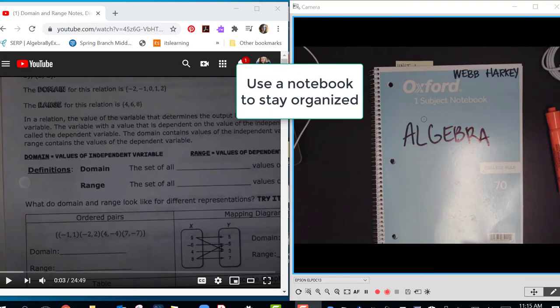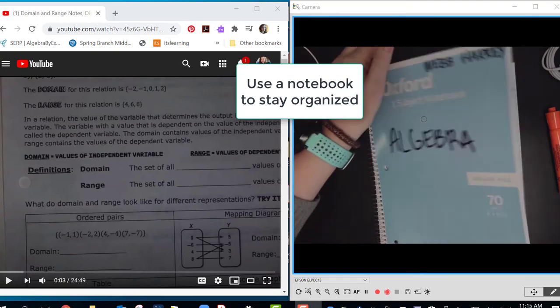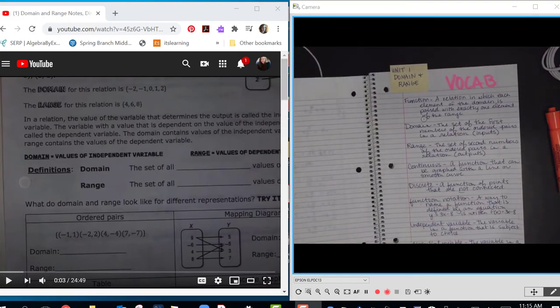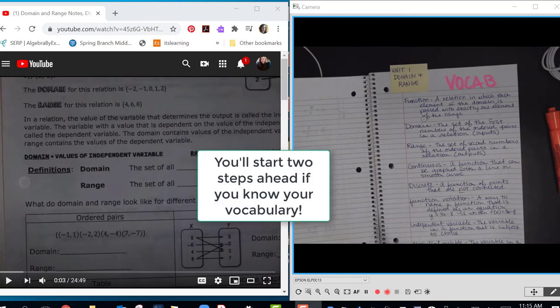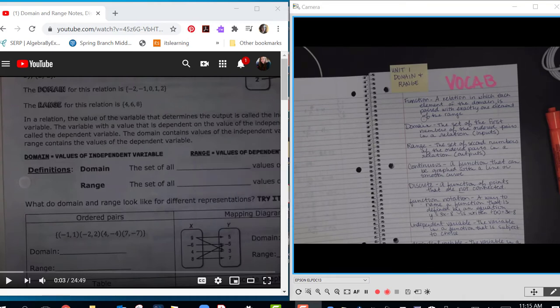Before you take notes on a unit, you want to make sure that you have your unit vocabulary. So in your It's Learning vocab, you have guaranteed vocabulary, supporting vocabulary, and cognitive vocabulary. You definitely need to include anything that is under the guaranteed section.